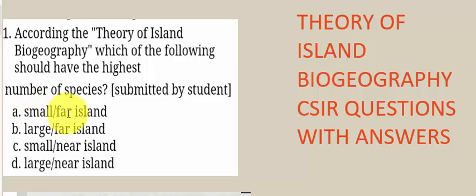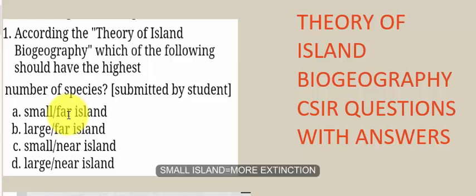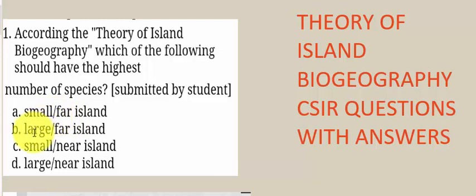And in the case of a far island, there will be a smaller number of species. The next is the large and far island. Obviously, in a large island there will be more resources, so the number of species is also more. This part is right, but the second part, that is far island, is wrong. So we need to exclude this option.